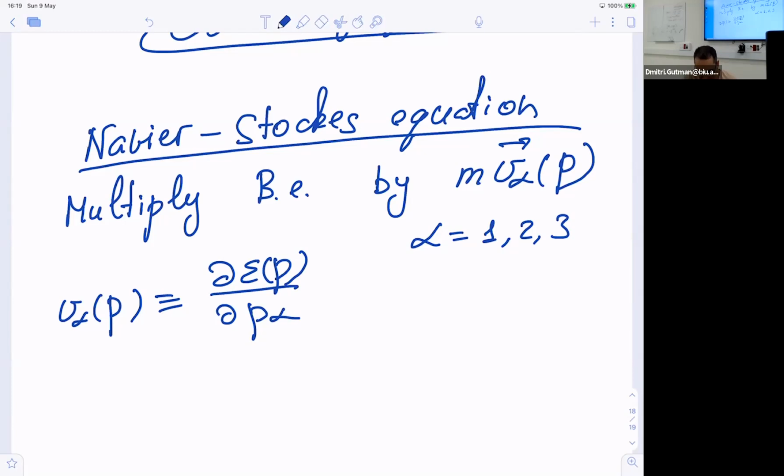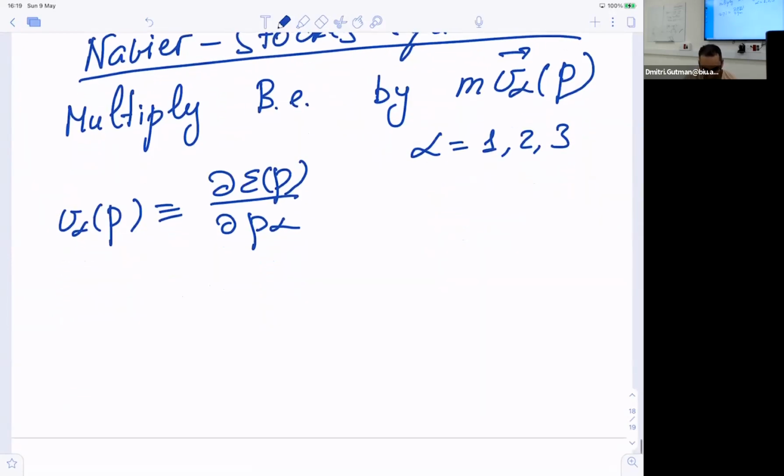Sorry, I got confused by my own notation. So we're going to multiply the Boltzmann equation by the quasi-particle velocity, not by the hydrodynamic velocity. I was too fast. It's just the velocity in phase space, the velocity of a quasi-particle.